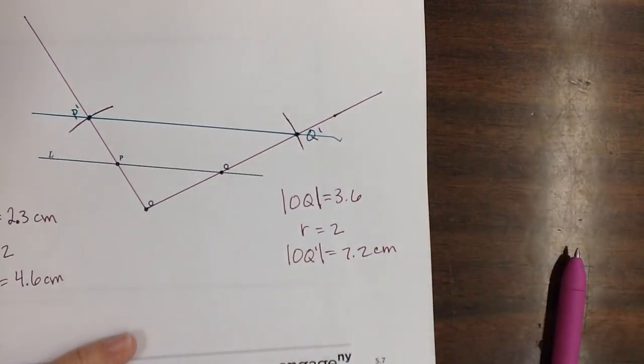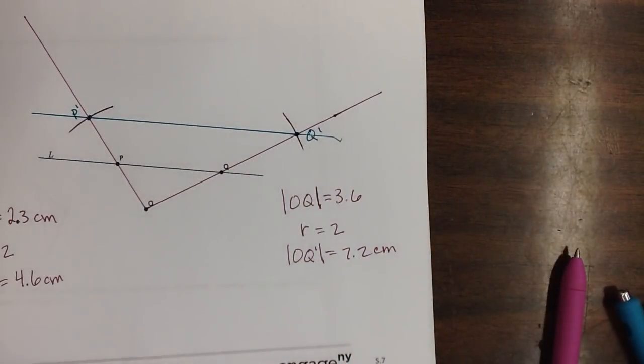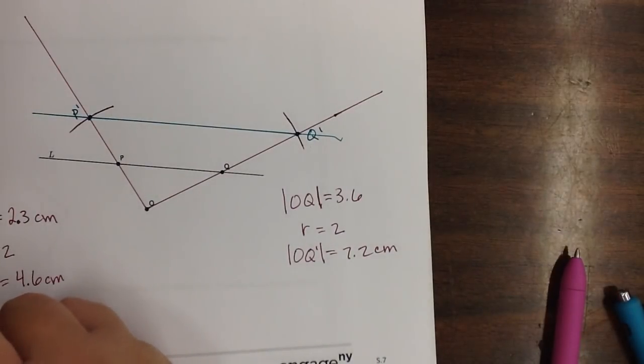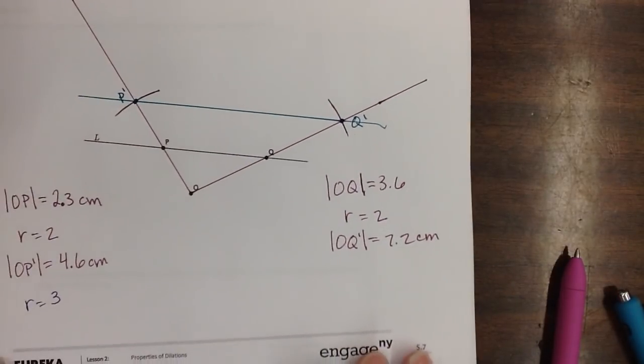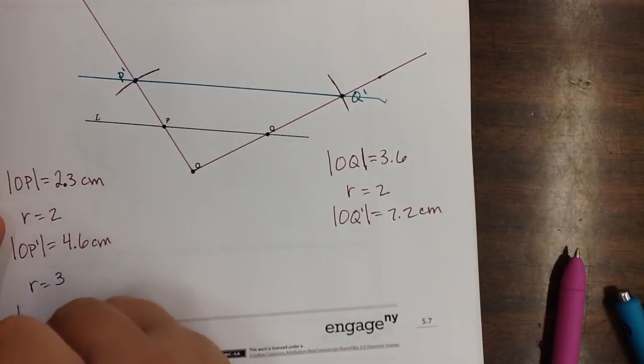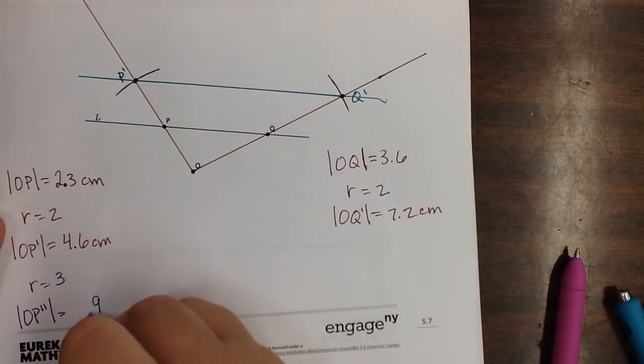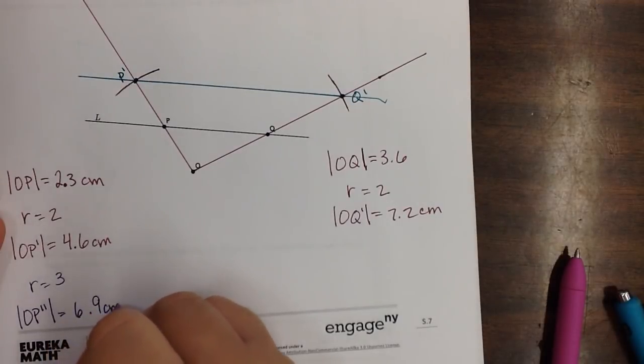So when we do a dilation, if it was a line to begin with, we should have a line to end with. Now if we did this again with the scale factor of 3, oh, you can't see that. Okay, the distance from O to P double prime would be 6.9 centimeters.